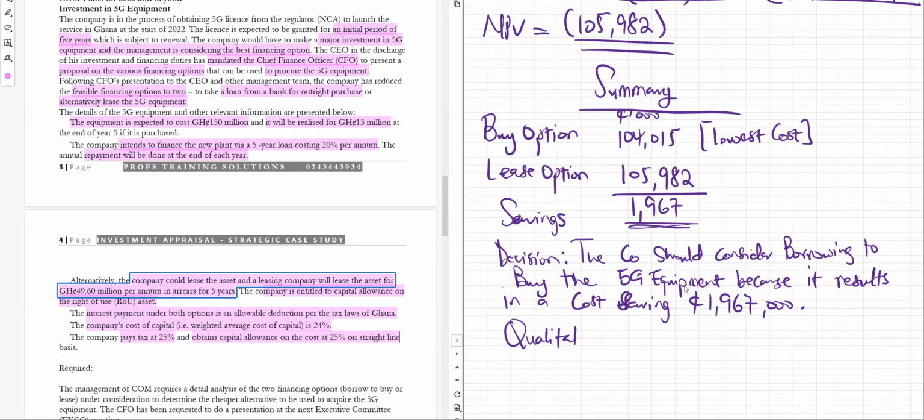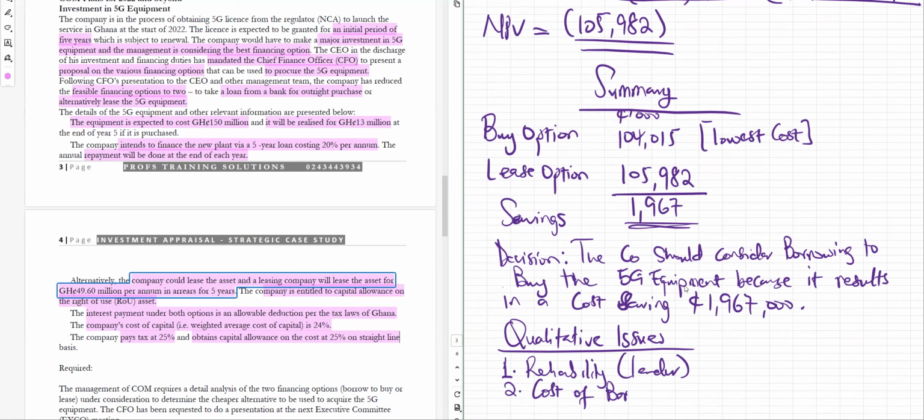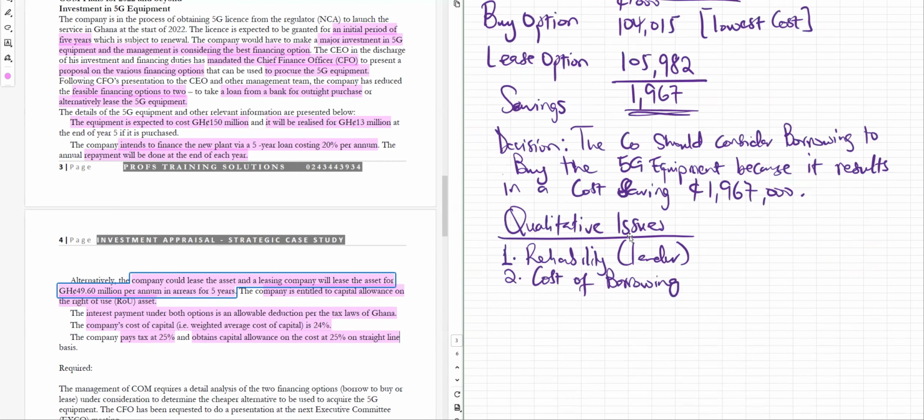Then you consider other qualitative issues. Remember, when you are doing decision making, you consider qualitative issues. What are qualitative issues? One, interest rates might change. Reliability of the lender, the cost of borrowing itself. You are doing an investment, right? What's the guarantee of changes in tax laws?